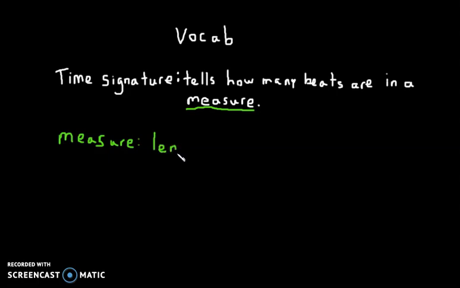Measure is the length or the space between bar lines or measure lines, but I like to call them bar lines. They're both right. Some people say bar lines and some people say measure lines. I like bar lines because right now it's a shorter word.